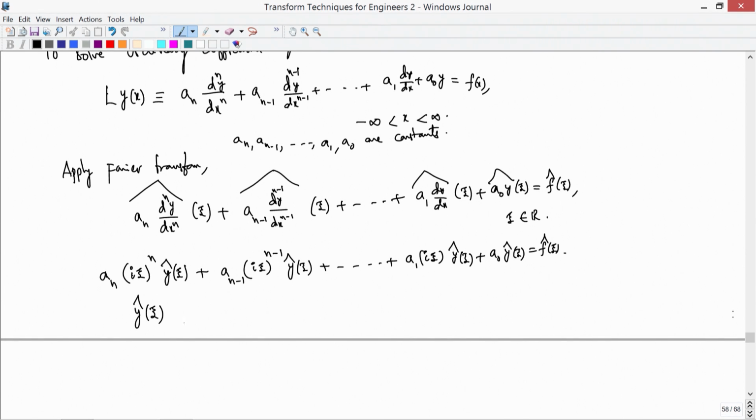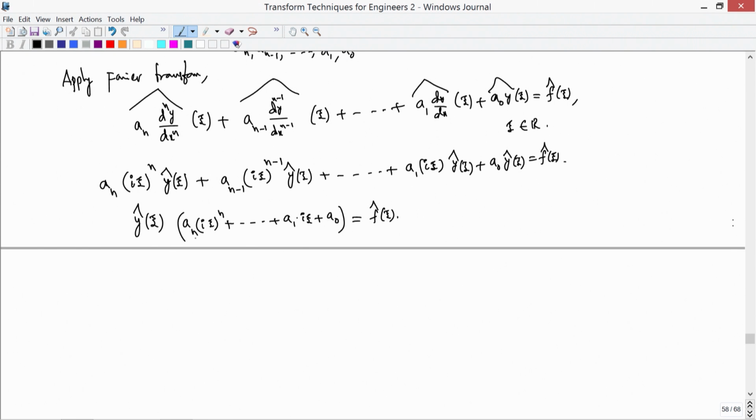So, let me write it as a polynomial: a n (i xi) power n up to a1 into i xi plus a naught. This is a polynomial in xi, which is equal to f cap of xi. Let us call this p n of xi, of nth degree. So, you have y cap of xi is actually f cap of xi divided by p n of xi.